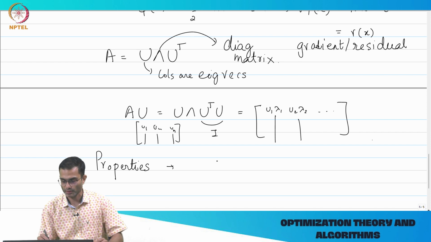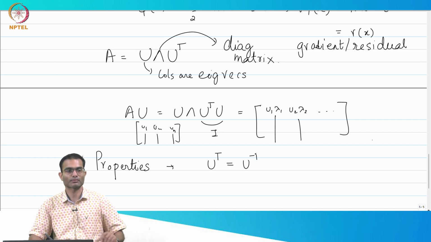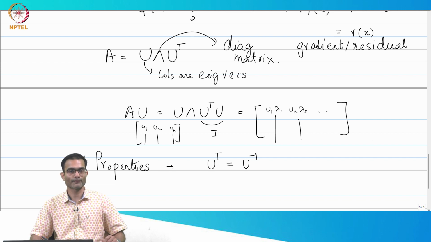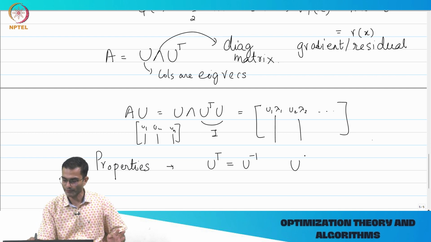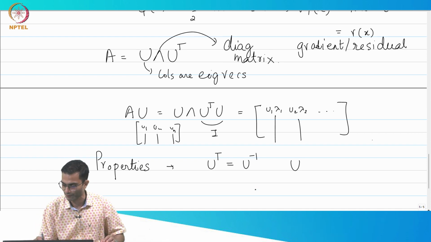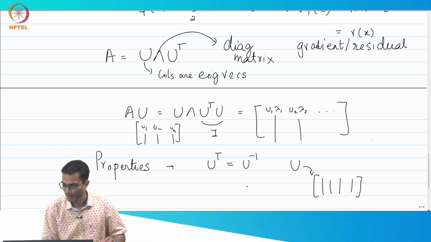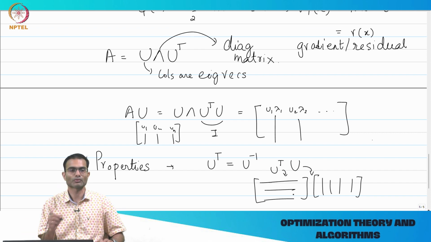This has given us one property I've already stated, which was that U transpose is the same as U inverse. Is it easy to see this? If I take U, the columns are all orthogonal, right? So if I take U as columns, and U transpose over here, all those guys become rows.